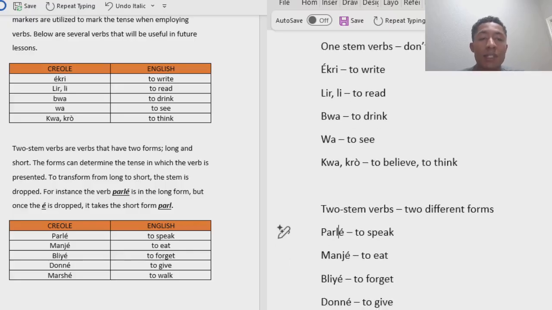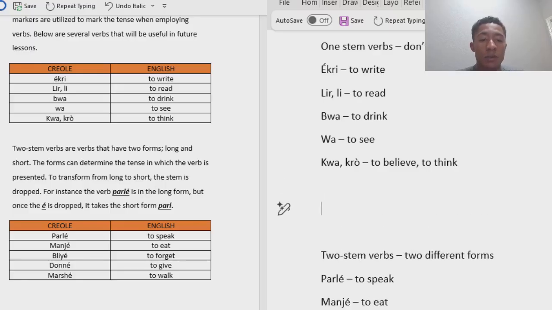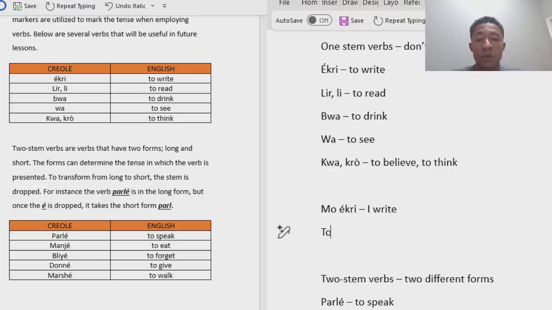Now for one-stem verbs, these don't change. They stay the exact same throughout their usage. So for instance, if you want to use he writes, or I write, moi écrit, I write. Toi écrit, you write.